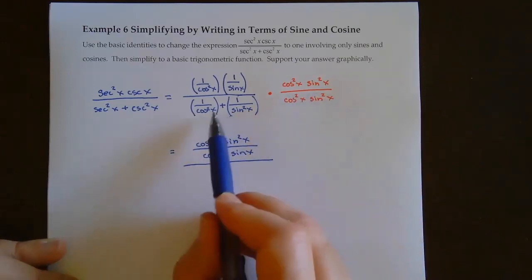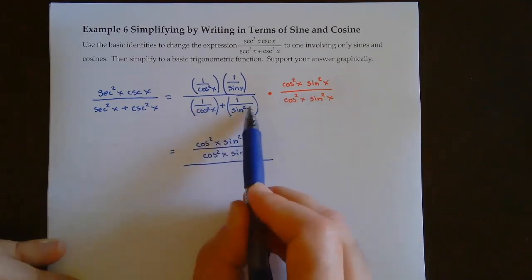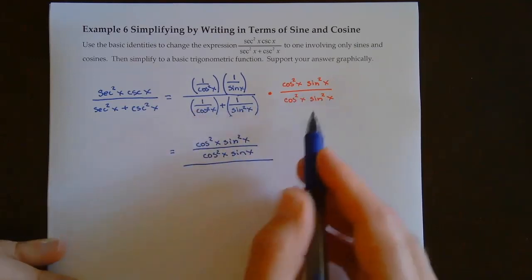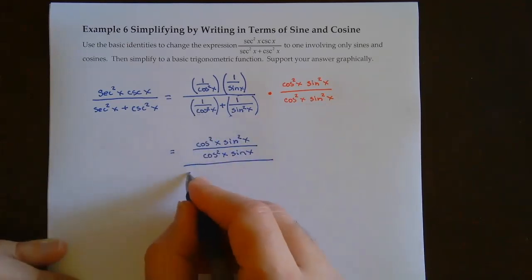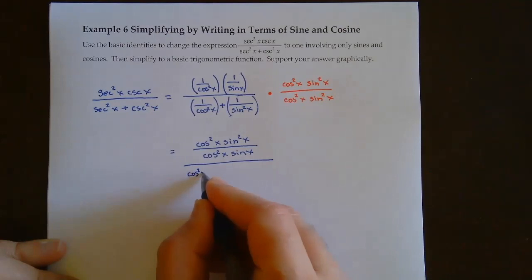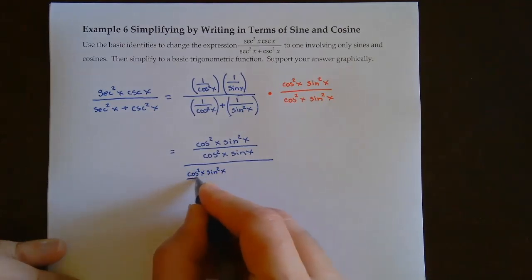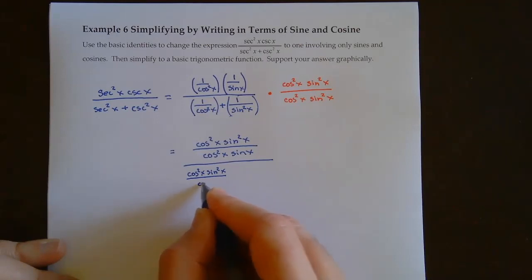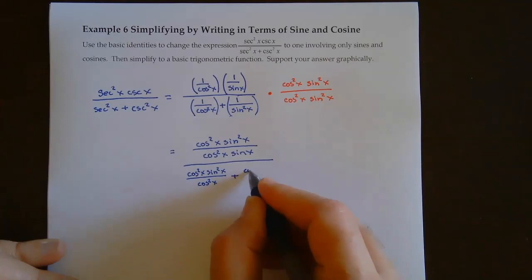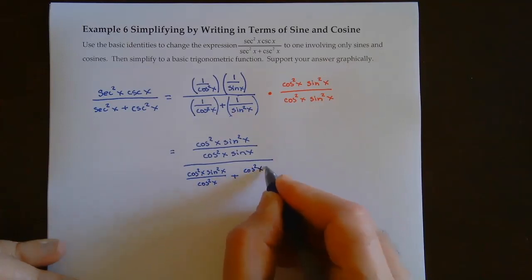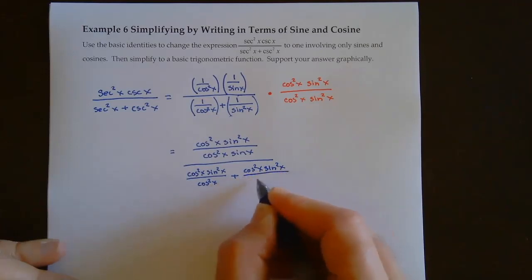Now this is the sum of two things, right? So I'm going to need to distribute this with each of these fractions. So this becomes cosine squared x sine squared x over cosine squared x, plus cosine squared x sine squared x over sine squared x.